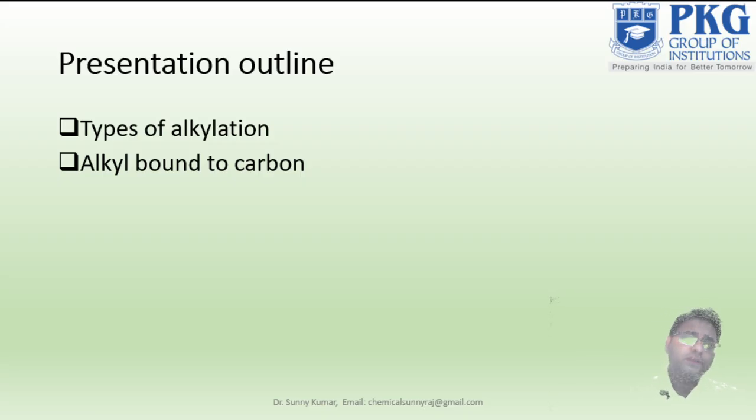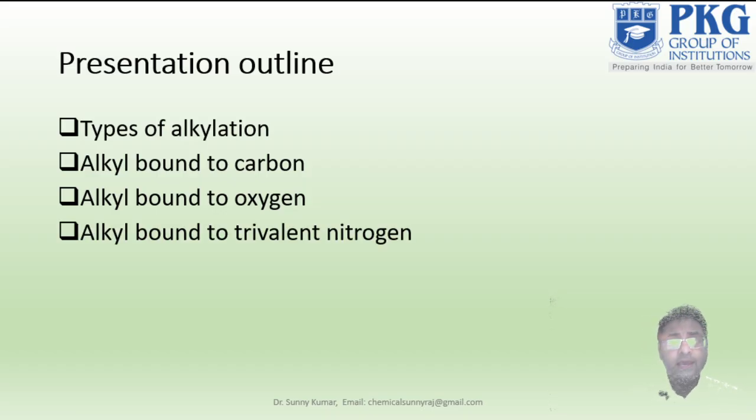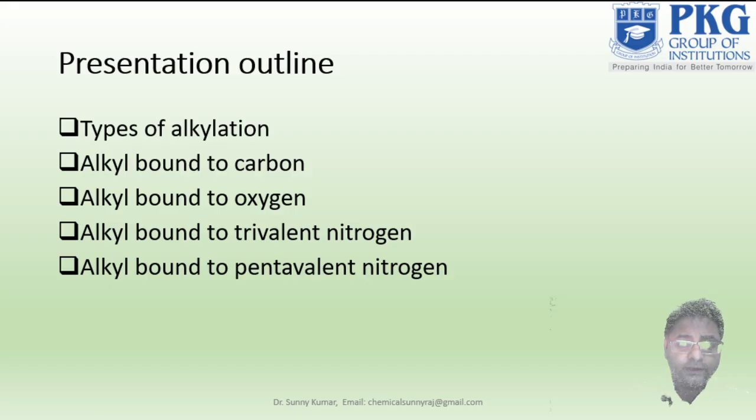The first one is alkyl bound to carbon, the second is alkyl bound to oxygen, the third is alkyl bound to trivalent nitrogen, the fifth is alkyl bound to pentavalent nitrogen, and the sixth is alkyl bound to metal.